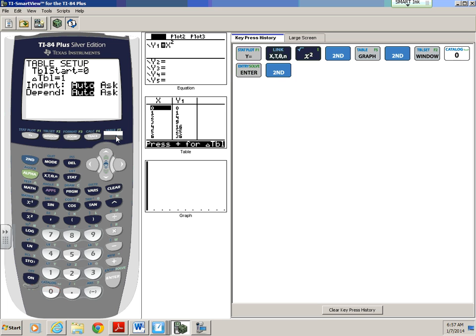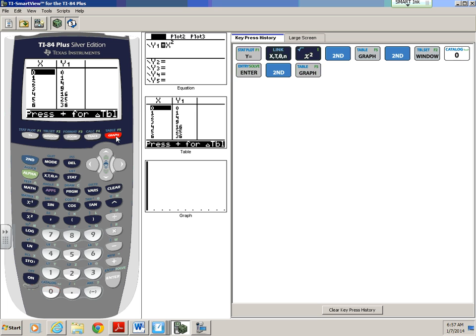And so what you want to do is move the cursor so that 0 is right in the middle. And if you notice the symmetry here, I have 9 and negative 9, I have 4, 4, 1, 1. And the only value that doesn't repeat is the 0.